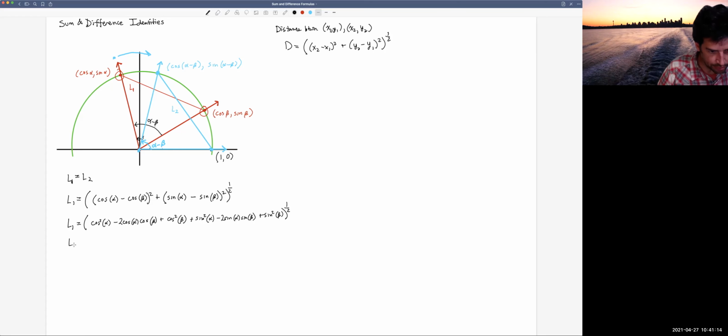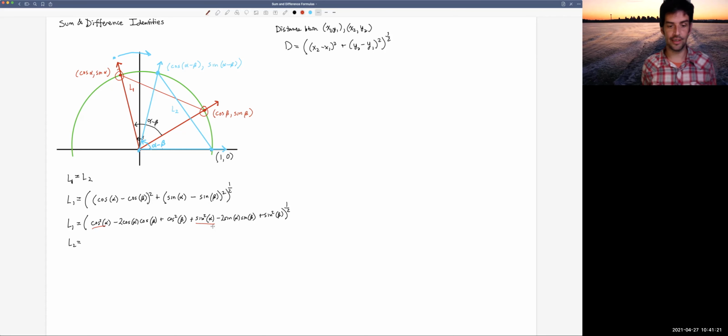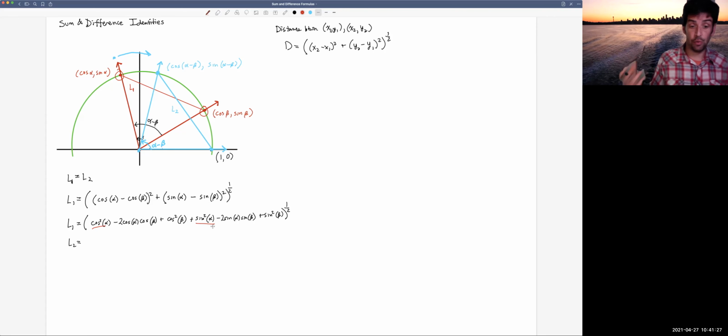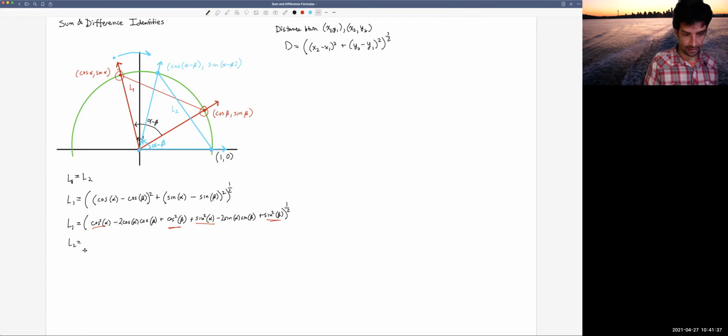Okay, and now let's do a little simplification here. Let's notice a couple of things. Cosine squared plus sine squared alpha. So we've got the cosine and the sine squared of the same angle. That gives us 1, right? We know the Pythagorean identity, that's equal to 1. We've got another pair like that here. So those 4 terms, each pairing is equal to 1, and we've got 2 of them, so I've got 2.